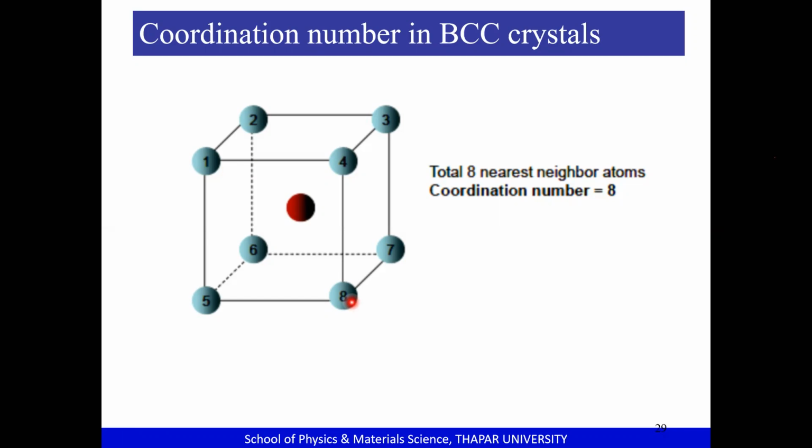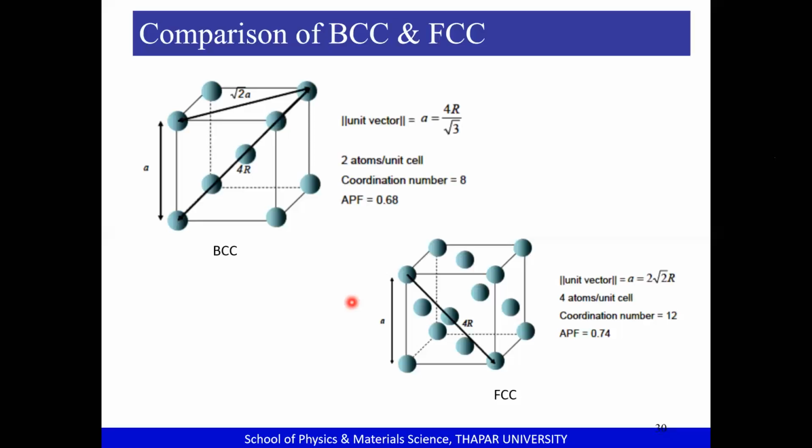How the two unit cell types, namely the BCC and FCC, differ from each other. Here is the summary. For BCC, we have the correlation between A and R as A equal to 4R by under root 3. 2 atoms per unit cell makes the BCC unit cell.